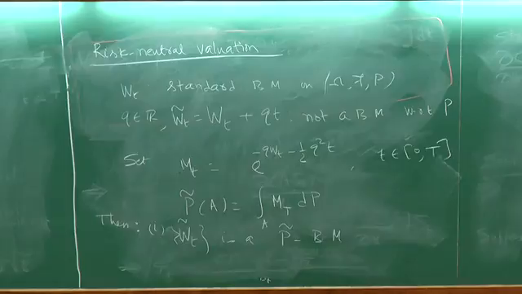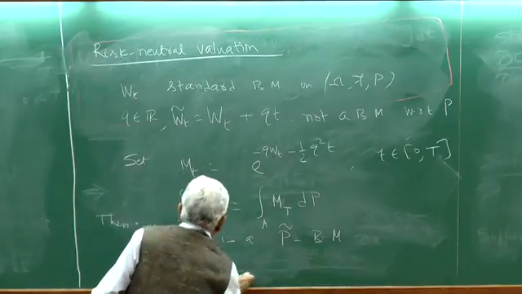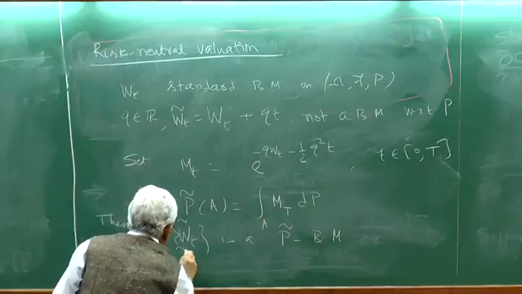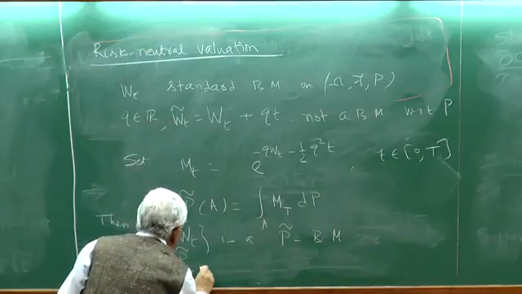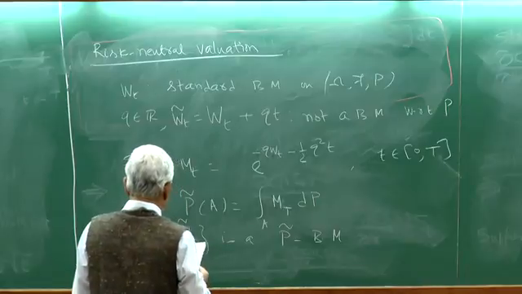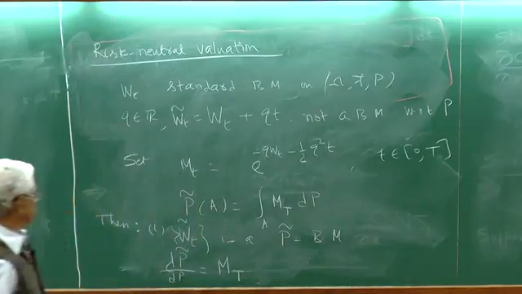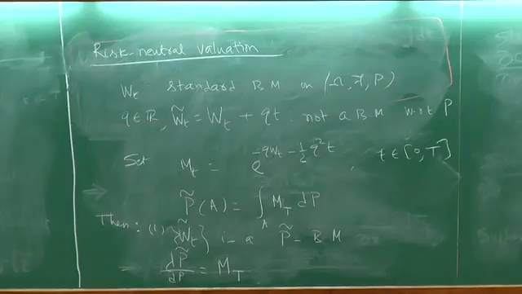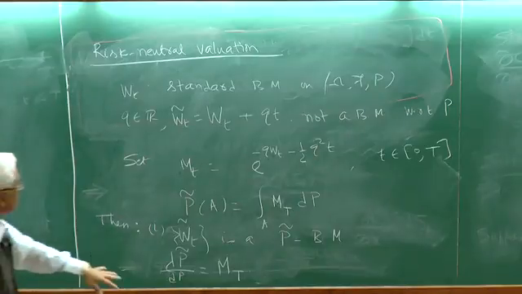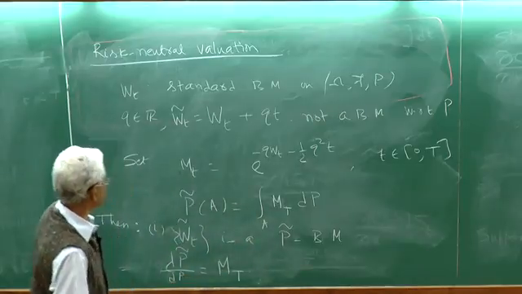With respect to P, it's not a Brownian motion, but with respect to the new measure, it's a Brownian motion, and the relationship between dP tilde and dP is equal to M_T. If you know a little bit of probability theory, this is called the Radon-Nikodym derivative. This is called Cameron's theorem.